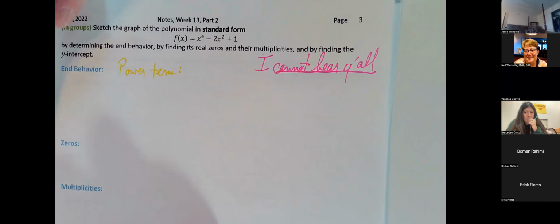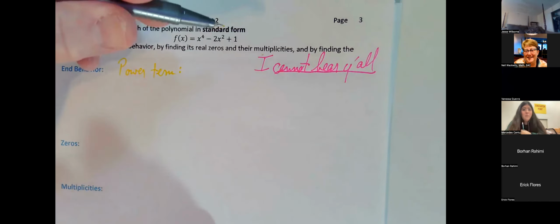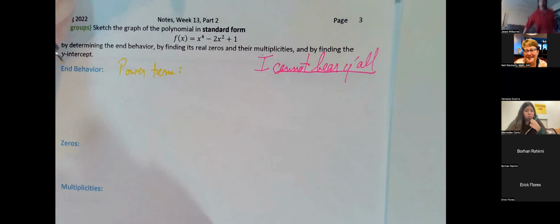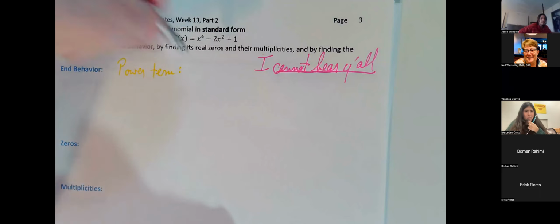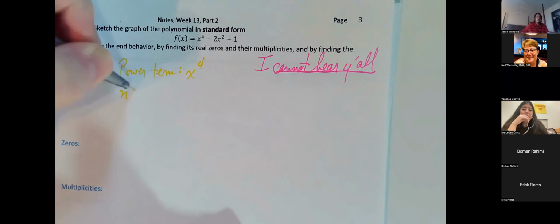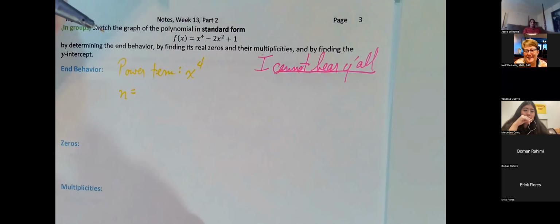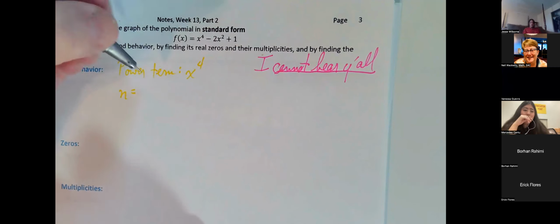What is the power term here? If it's in standard form, which one is the power term? It'll be x to the fourth. And that means that n equals 4, even. Good.